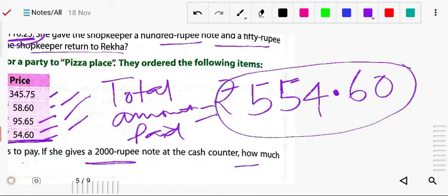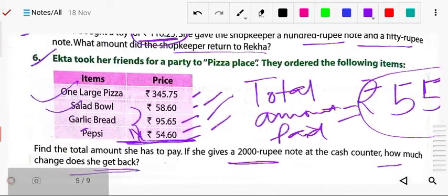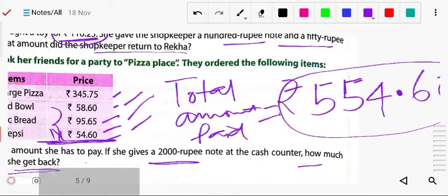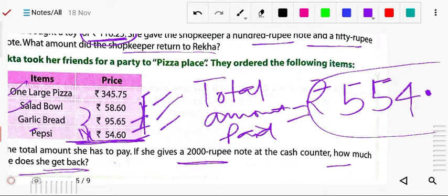So after adding, this is the total amount paid, this is the cost of all. So the total amount to be paid is 554.60. When you add all these values, you will get that.